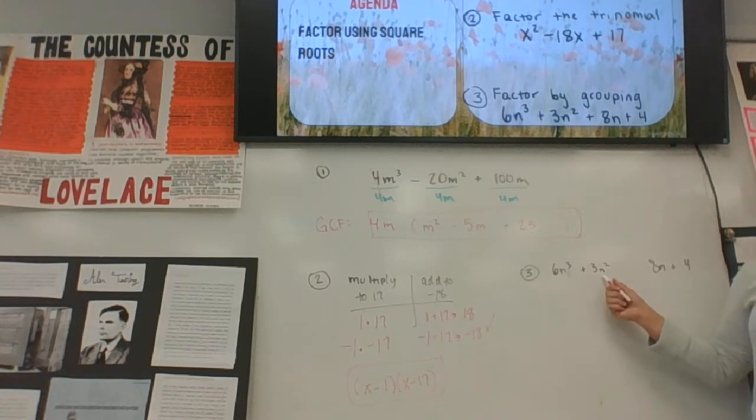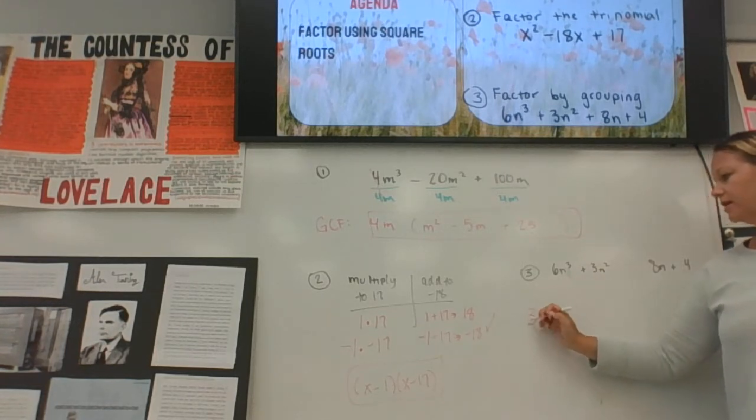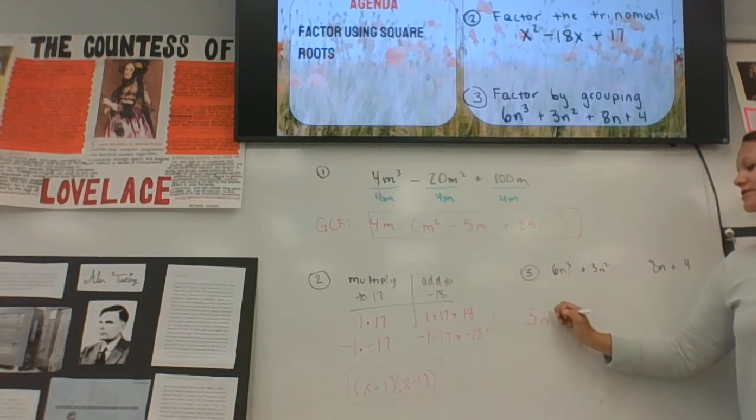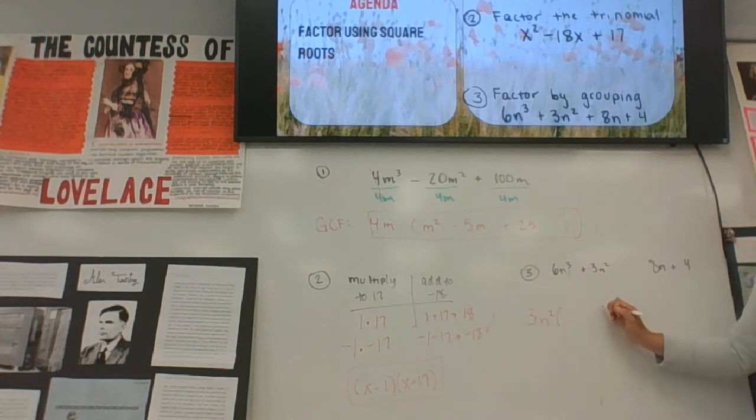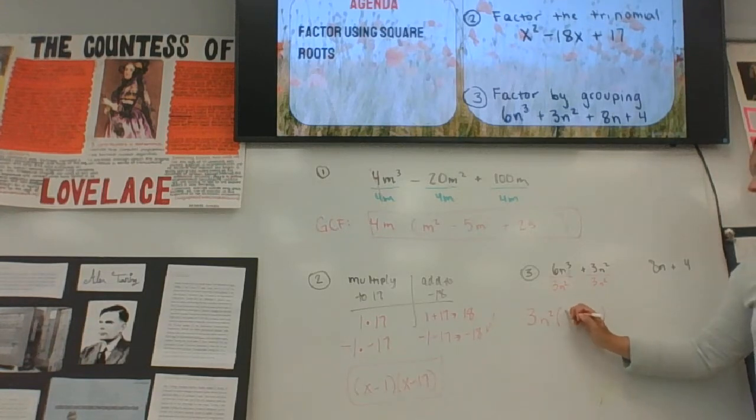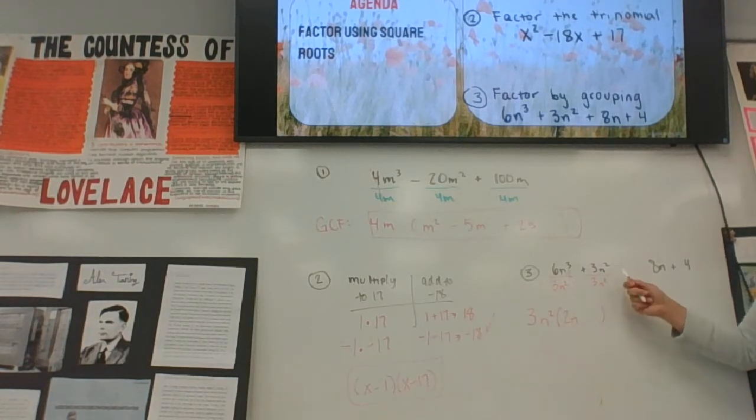Alright, these both divide by 3, and they both have n squared. 6 divided by 3 is 2. 3n divided by 3n squared will leave you with 1. Anything over itself is 1.